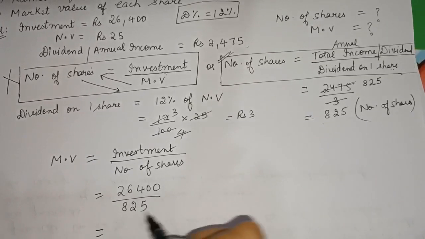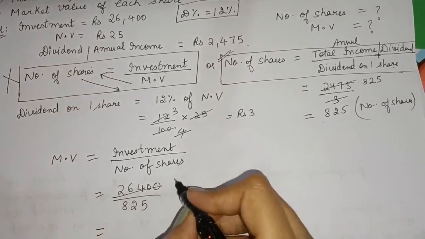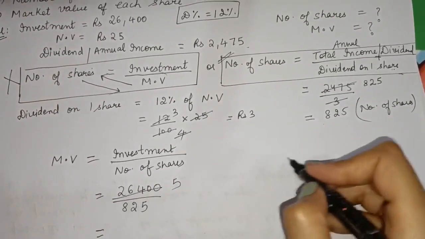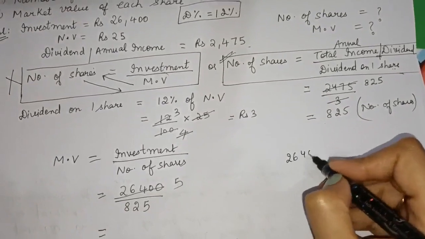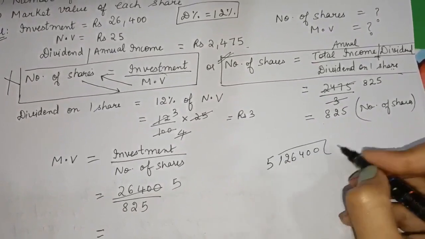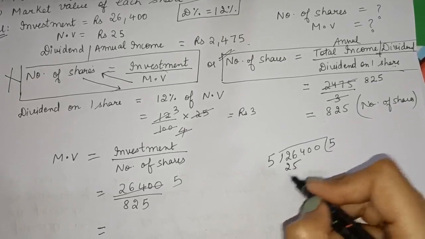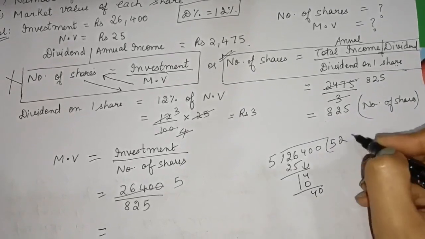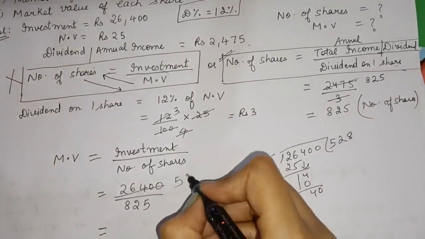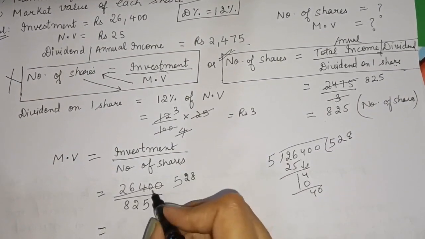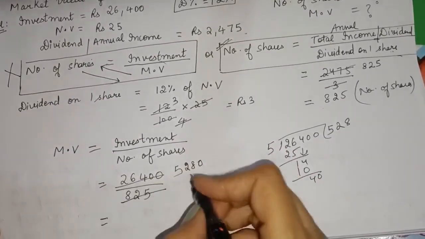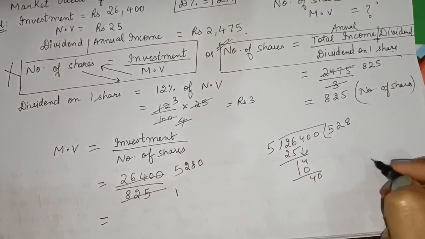We can do cancellation on 5's table. 5 into 5, so this you can divide by 5. 5 into 2, 10, 48. So 5, 2, 8, 0, and this one also by 5.